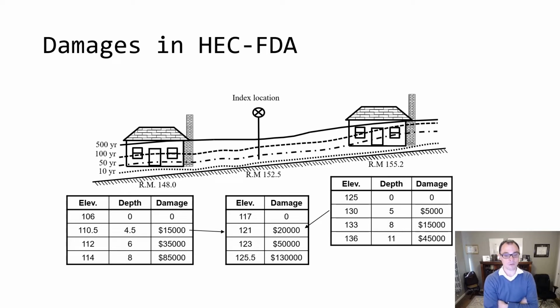You can see my water surface profiles in the gradiated lines or the different dashed lines that I've labeled on this image above. For each of those profiles, the damages are computed and aggregated to a centralized location, and that occurs for every single profile, and we create an aggregated stage damage function.